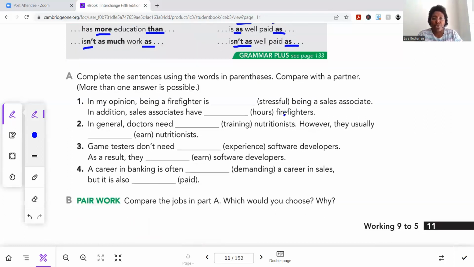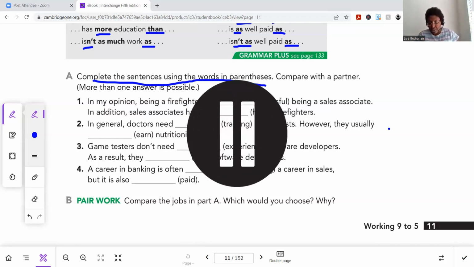Okay, so let's see if you're able to do that. More than one answer is possible. So we have to complete the sentence using the words in parentheses, and we have to complete that sentence so it makes sense. So again, you can go ahead and pause the video and see if you're able to complete this.